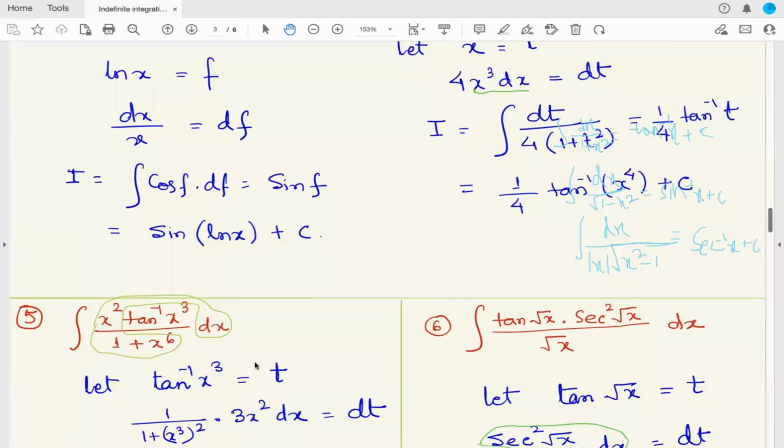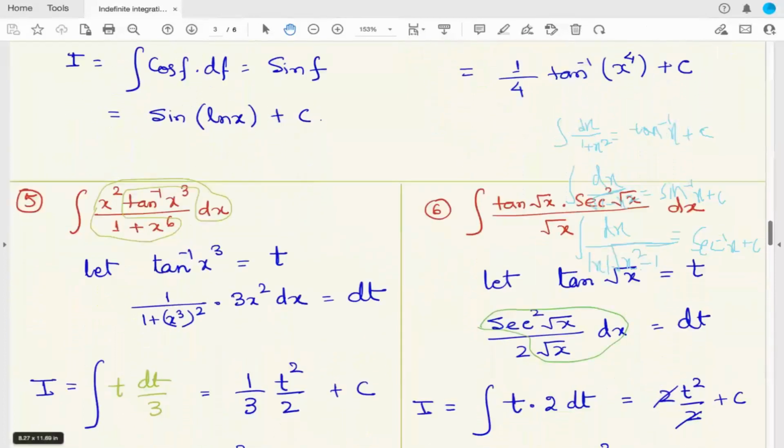So if we substitute here, what do we get actually? We get t by 3 dt, how? Because we substitute tan inverse of x cube as t, and the rest of the part, x squared dx by 1 plus x to the power 6, by the basic rule of exponent, a to the power mn, will be equal to dt by 3.